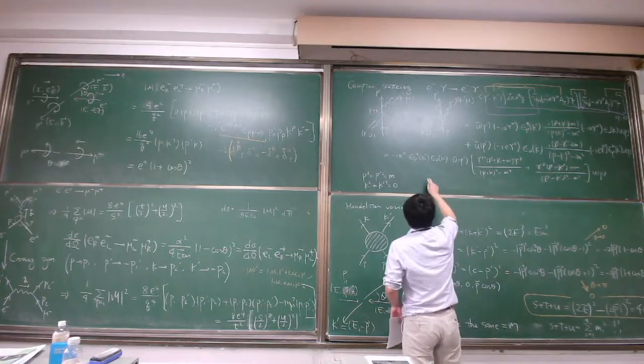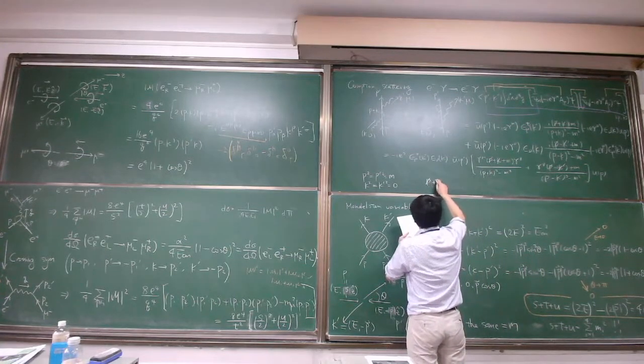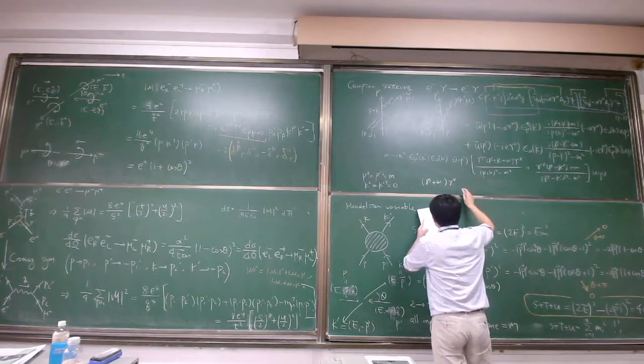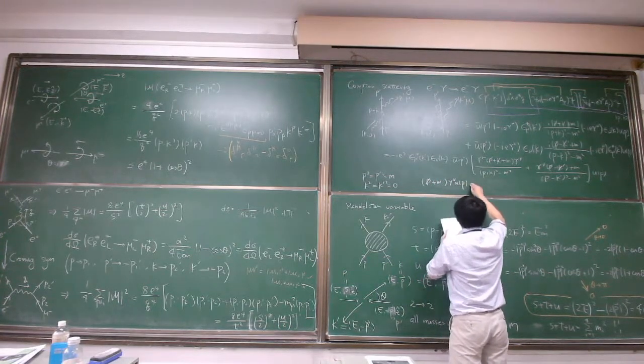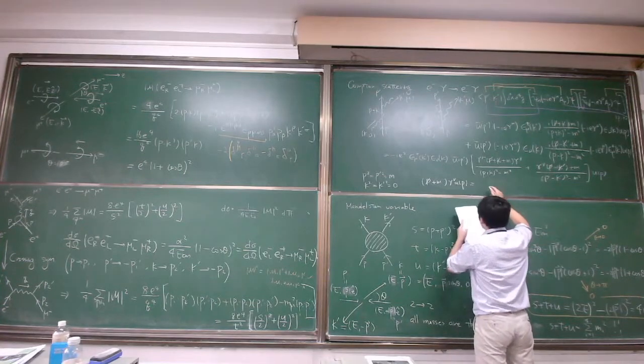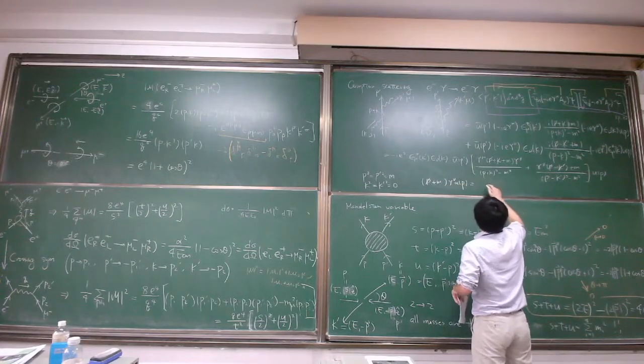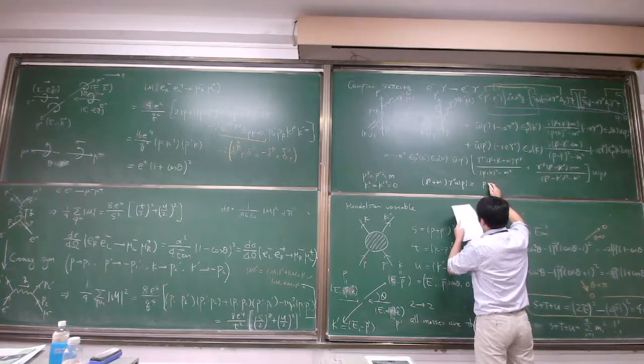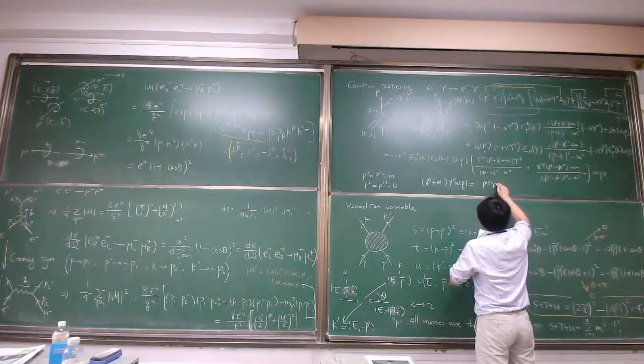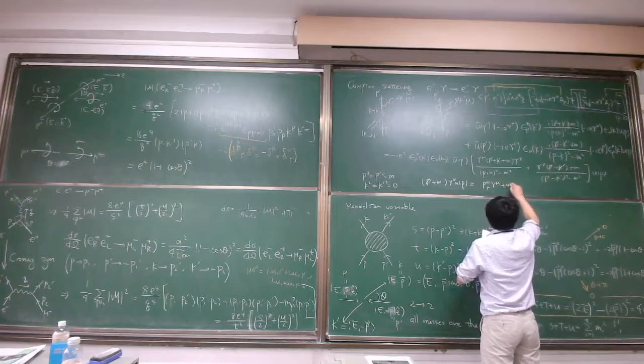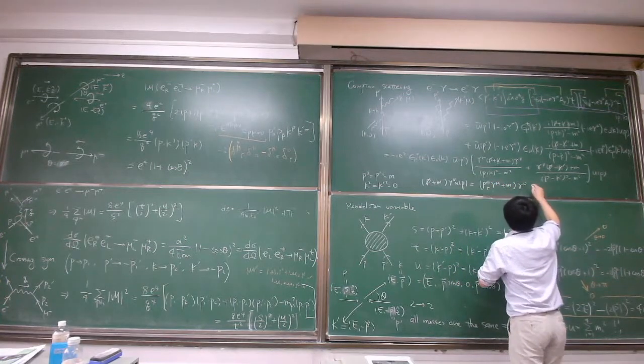So for instance, P slash plus M, and here P mu gamma mu, and again gamma nu.